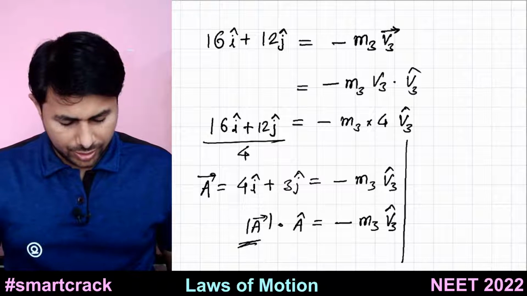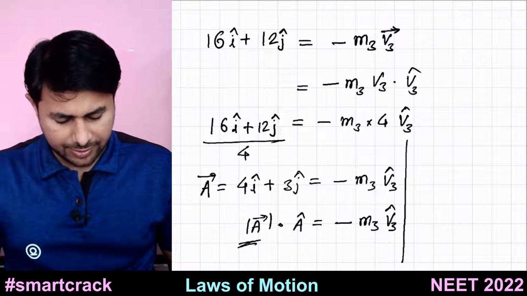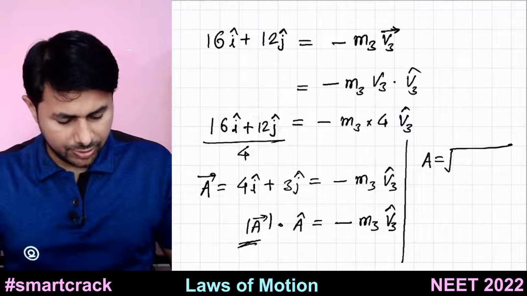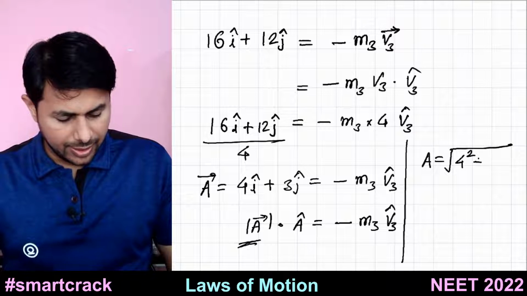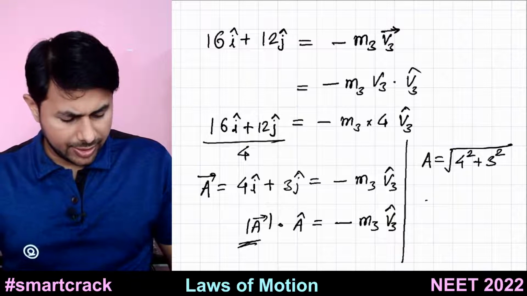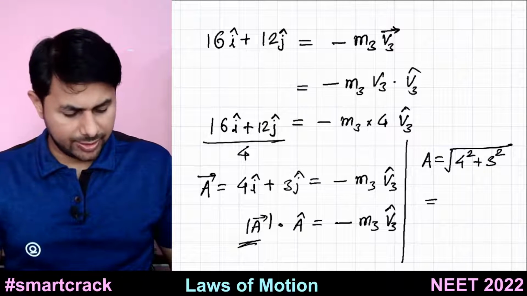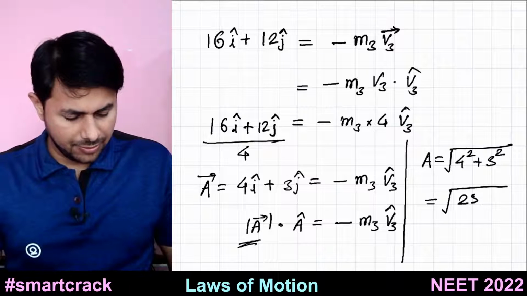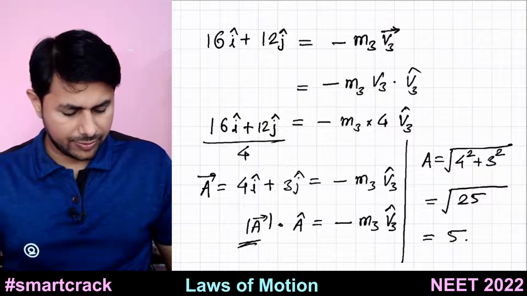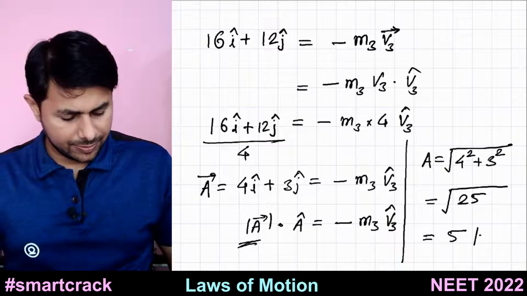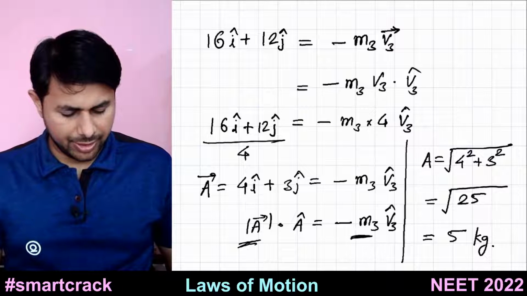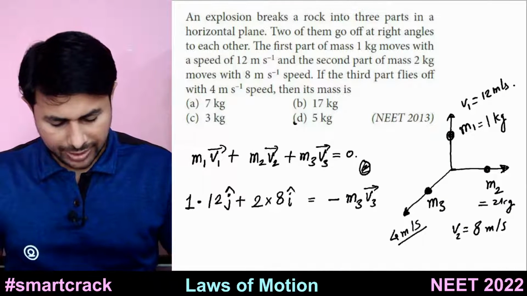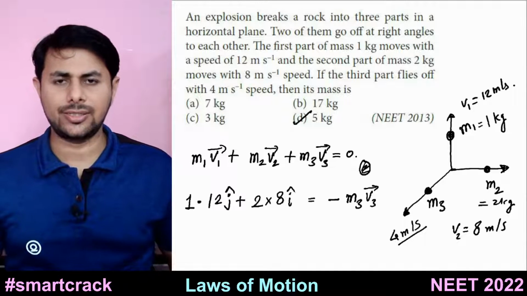So the magnitude is the square root of ax square plus ay square, which is 4 square plus 3 square. 4 square is 16, 3 square is 9, so 16 plus 9 is 25. So a equals 5. So m3 should be equal to the magnitude of a bar, which is 5 kg. So option D is the answer.